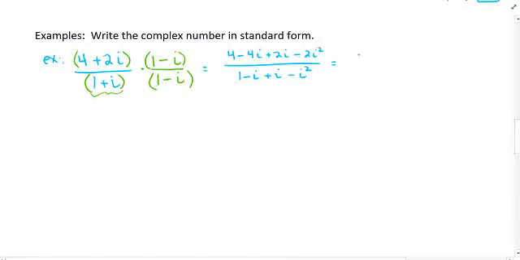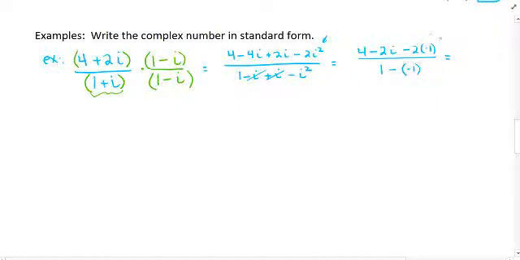So I've got a couple like terms in the numerator, but I also know that this i squared here is -1. Same thing in the denominator. I've got some things that canceled, and so I have 1 minus i squared, but again, i squared is -1.